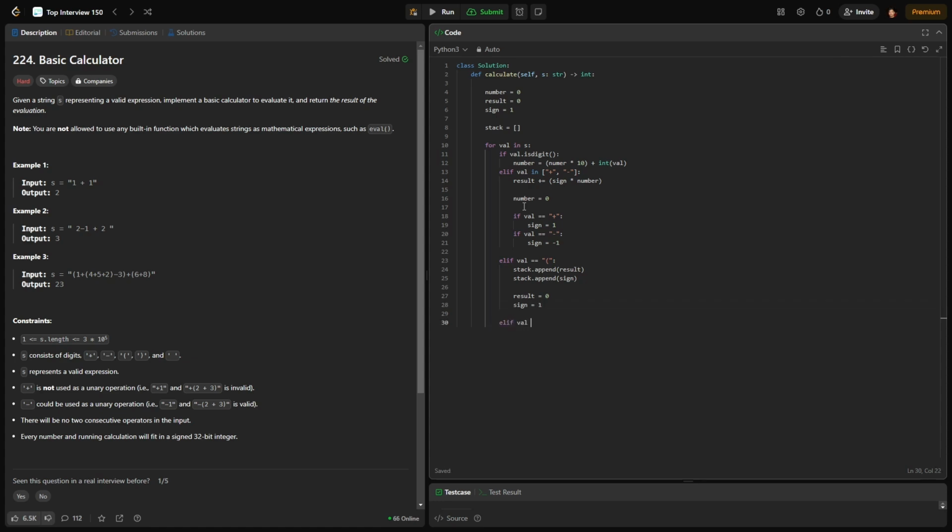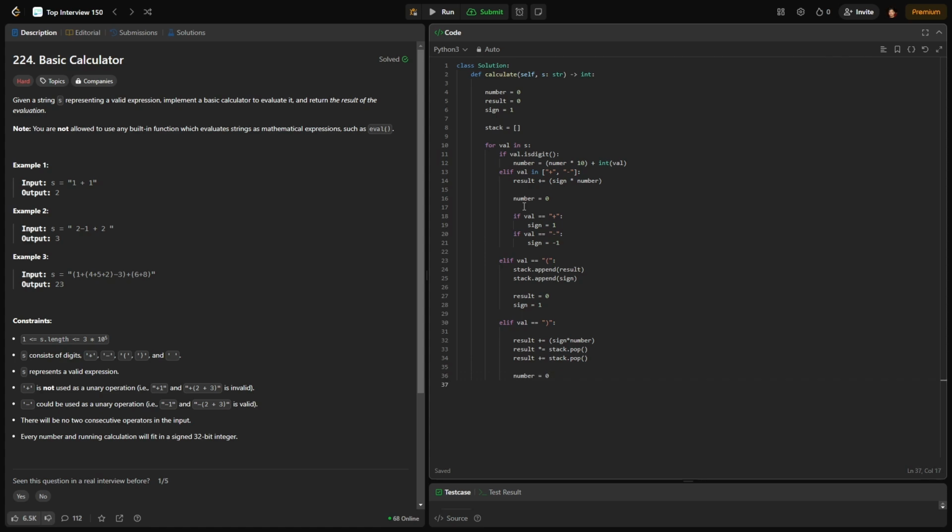Elif val is the closing bracket, in that case result plus equal to sign multiplied by number, and the result is multiplied by the popped stack value, the sign. Then result plus equal to stack dot pop, so we add that number to our result, and then we initialize our number back to 0.